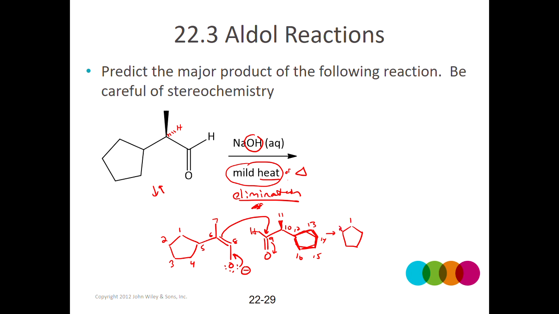So 1, 2, 3, 4, 5. 5 is connected to 6. 6 is attacking 9. So 6 is still connected to 7. 6 is still connected to 8. And these electrons swing back down to form a CO double bond at carbon 8. But 6 is attacking 9. And when it does so, electrons swing out to the oxygen on 9.